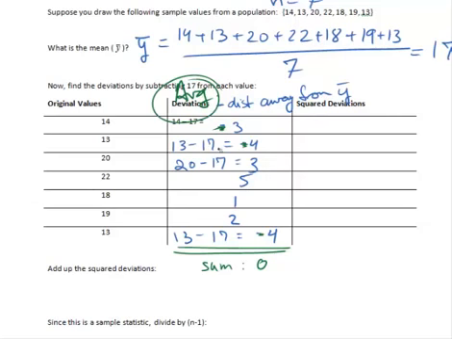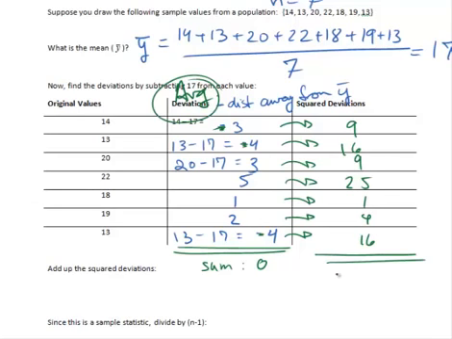So in order to get rid of the negatives, we're going to square all of these deviations, and if we can square all of them, we'll get 9, 16, 9, 25, 1, 4, 16. Now if we're going to sum them up, we will get 80.